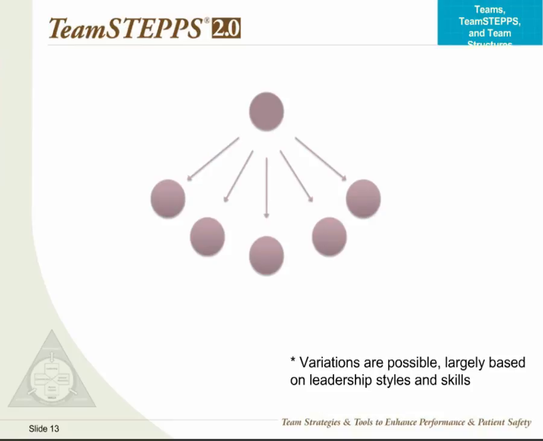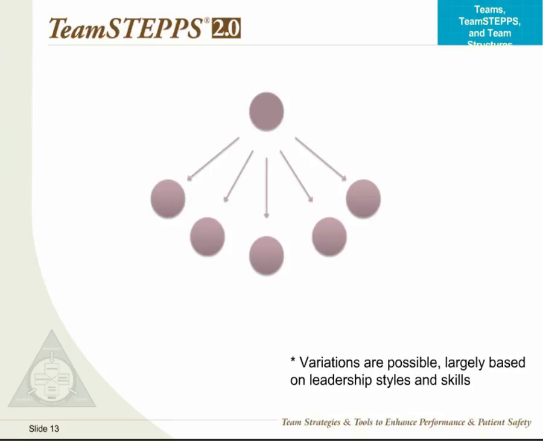For example, if the person who is in charge, that person at the top, is leading from a place of compliance, that is the attitude of do it my way or hit the highway, the results might be very different than if it were being led by a person who was coming from a place of invitation, personal development, willingness to hear or listen to what team members had to say.